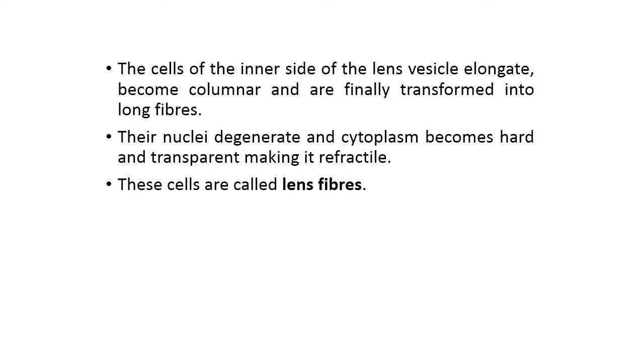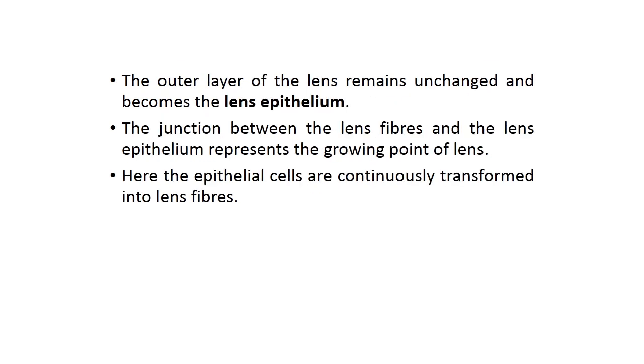The nuclei degenerate and the cytoplasm becomes hard and transparent, making it refractile. These cells are called lens fibers. The outer layer of the lens remains unchanged and becomes the lens epithelium. The junction between the lens fibers and the lens epithelium represents the growing point of the lens. Here the epithelial cells are continuously transformed into lens fibers.